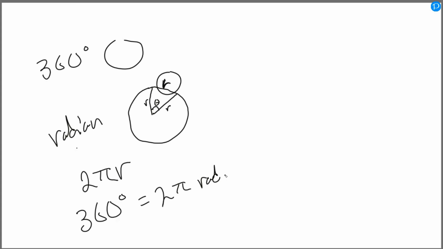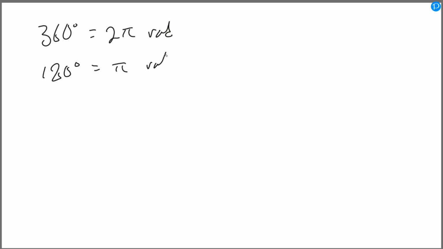And that's a really useful piece of information because it can help us convert between radians and degrees. So let me rewrite that. 360 degrees is equal to 2 pi radians. So from there we can say that 180 degrees is equal to pi radians.